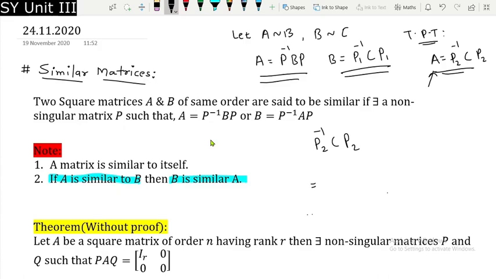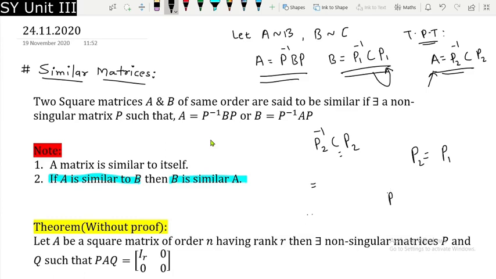So my ultimate choice is, you can see, the neighboring matrix of C is P1 from the right hand side obviously. So over here also I want P1. So I will choose my P2 to be some P1 first of all. So I'll get CP1, and on the left hand side of C I want P1 inverse.